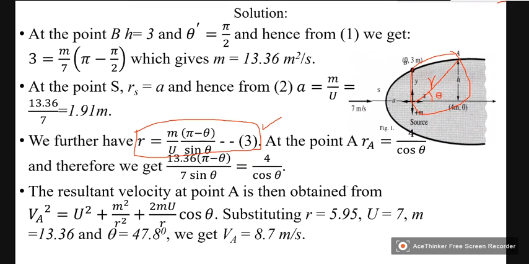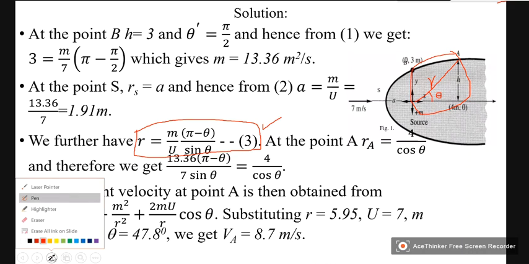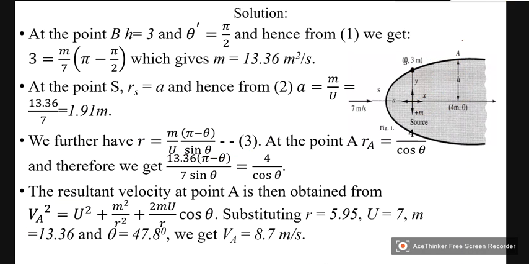So at point A, what can I write? Because this is the angle theta.